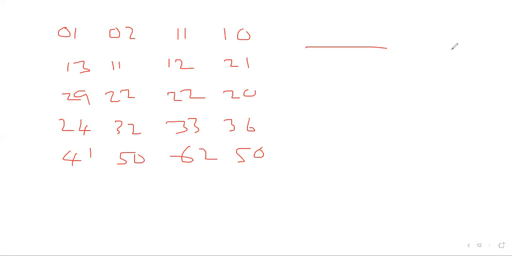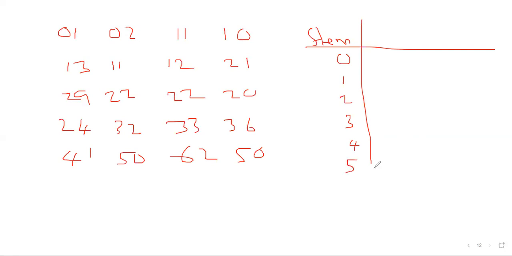So we have numbers that start with zeros, we call them the stems: 0, 1, 2, 3, 4, 5, 6. On the zeros, we have 0, 1. We put a 1 there.